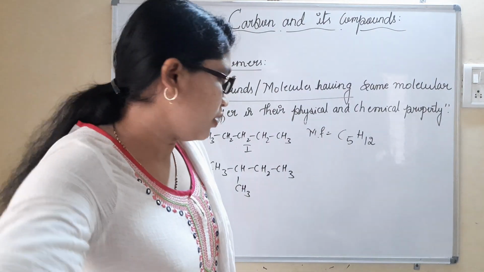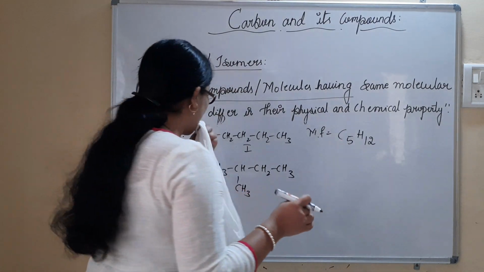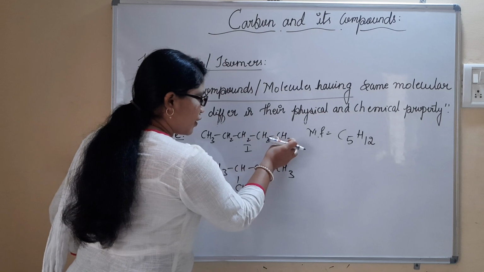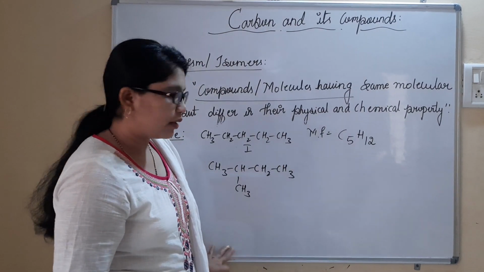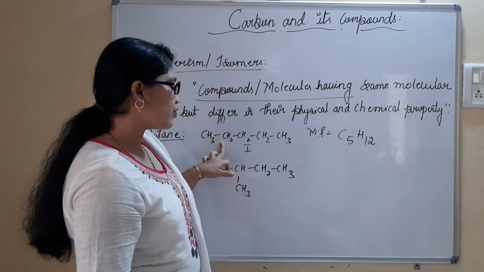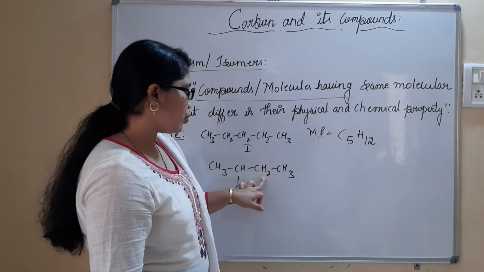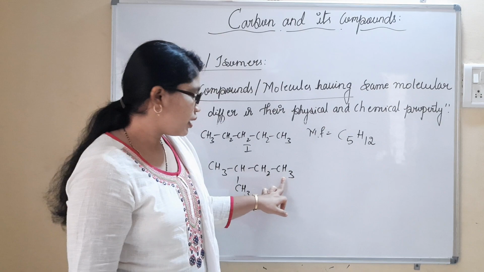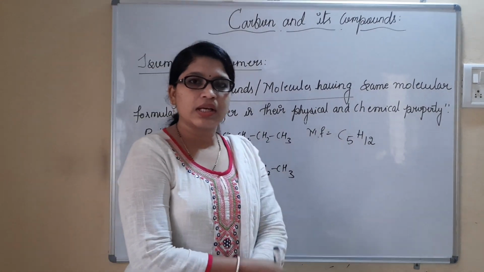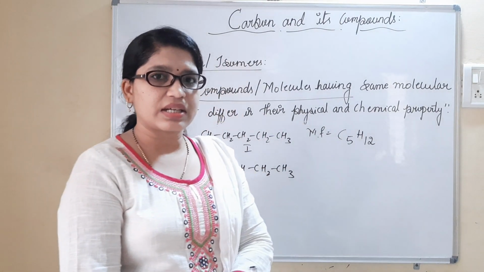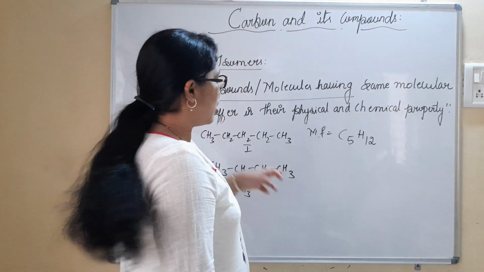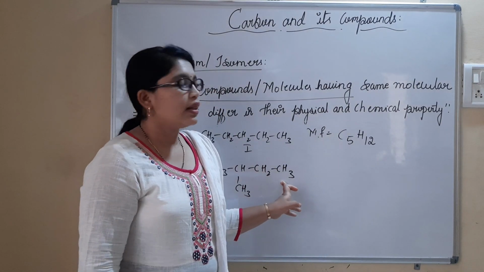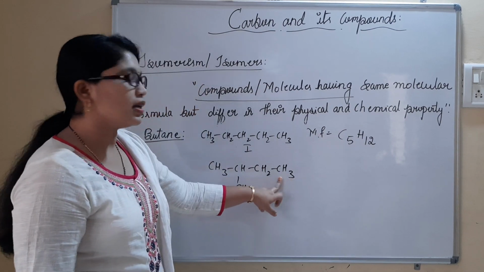You could ask me, why ma'am? Instead of writing CH3 here, I have moved this CH3 to the second carbon atom, right? You may ask me, instead of writing CH2, why have I written CH3? Why? You only tell me. Because the tetravalency of carbon must be satisfied. It must always possess 4 bonds. That was the reason why I have taken CH3.